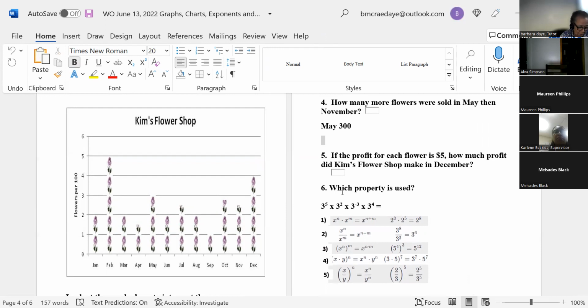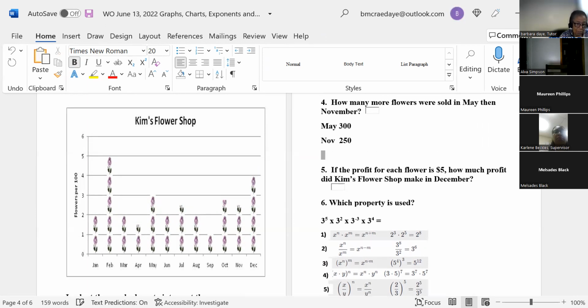So November had 250. So what's the difference between 300 and 250? 50. 50 difference. That's right. So that's your answer.